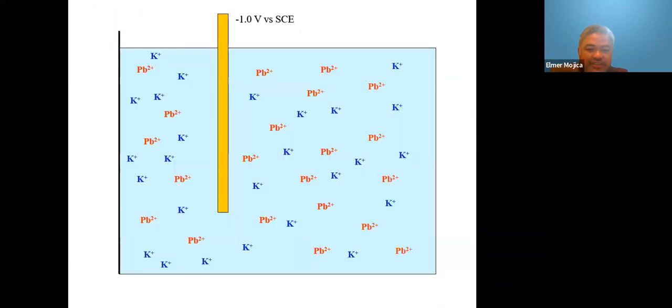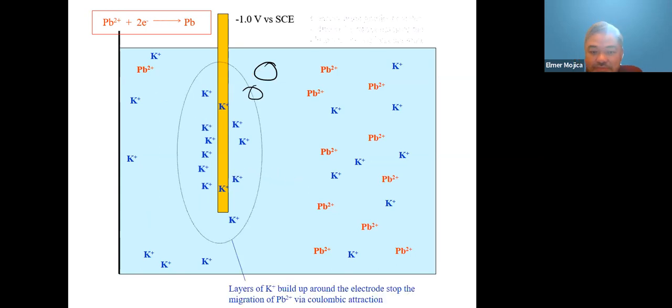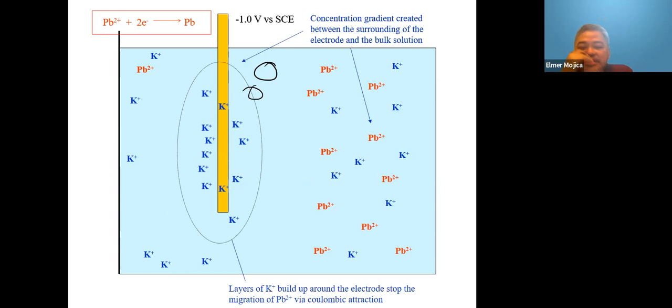So if you're going to look at this, at what's happening, so these are the solutions that you have there. So what happened? Okay. So maybe this is what is happening. I hope you see the changes that happened there. So in nung reference electrode, yung K+ pumunta doon sa surface. So there's a layer of K+ that is built up around the electrode, which stops the migration of your Pb2+ via the Coulombic attraction.